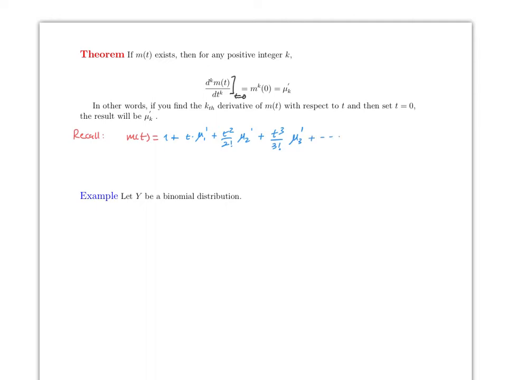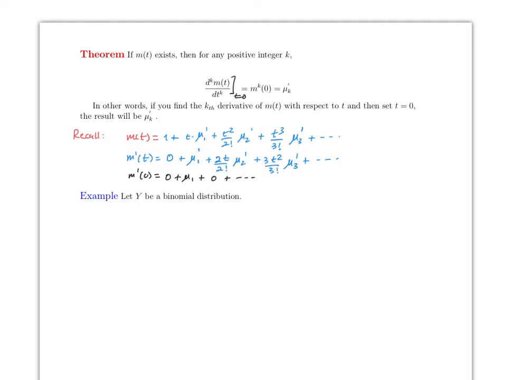Okay, so if we do the first derivative of this, notice this will be 0 plus mu 1 prime plus 2t over 2 factorial mu 2 prime plus 3t squared over 3 factorial mu 3 prime, and so forth. The point is that if we plug in t equals 0, you will only end up with mu 1 prime, and the rest will be 0.